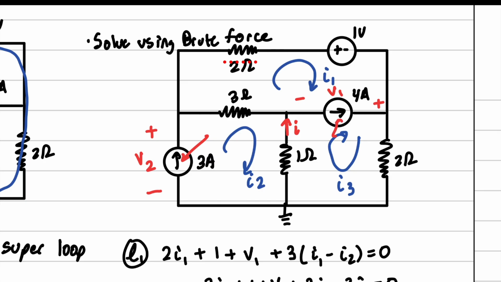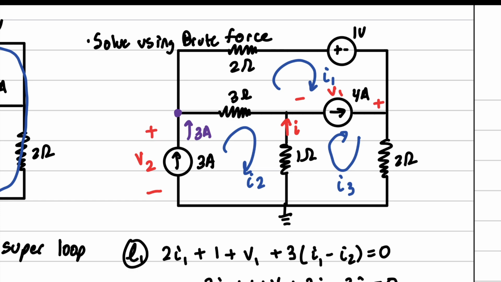So what we're going to do is perform KCL at the nodes at which these currents go into. First, we're going to look at this node right here. We have 3 amps going in.